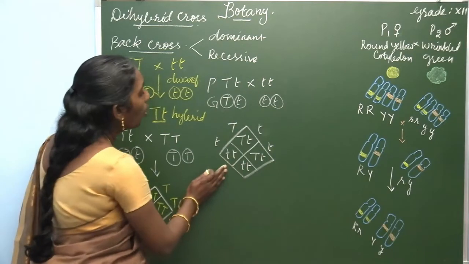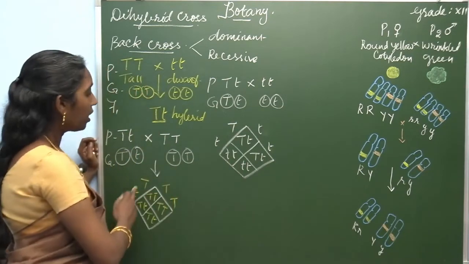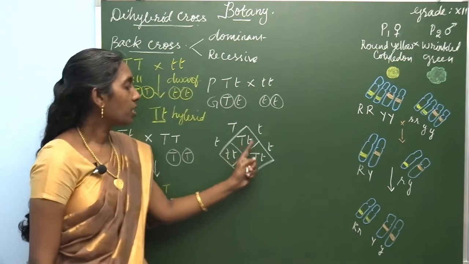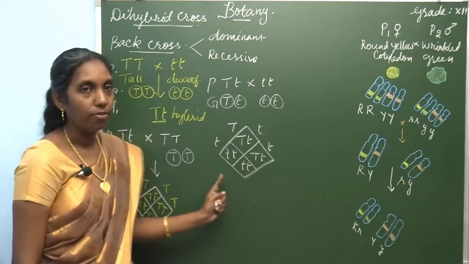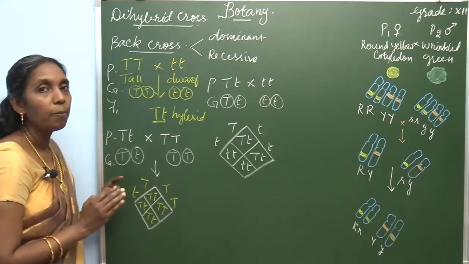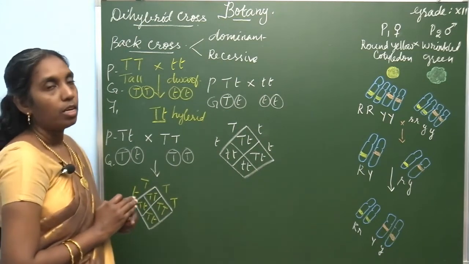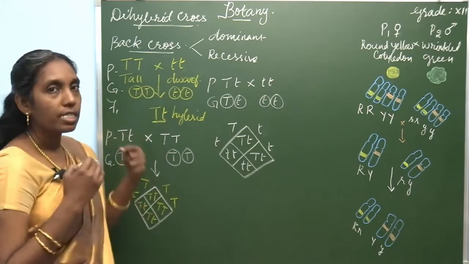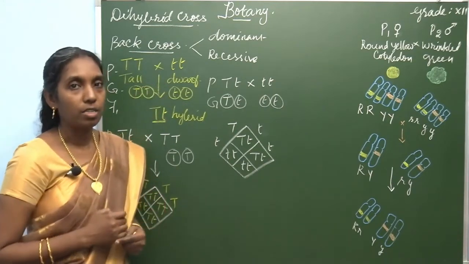Here dwarf is expressed, but in the dominant back cross all are dominant. In recessive back cross, it gives tall and dwarf, but dominant back cross produces only tall plants. So, this is back cross. Let's move to the next topic, dihybrid cross.